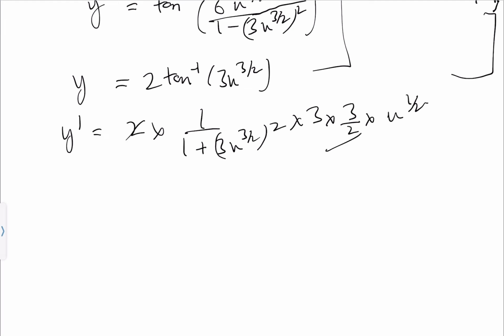This 2 cancels this 2, and then we are remaining with 9 times root x upon 1 plus 9x to the power 3, right? Because this square cancels this 1 by 2, and we are remaining with x cube.